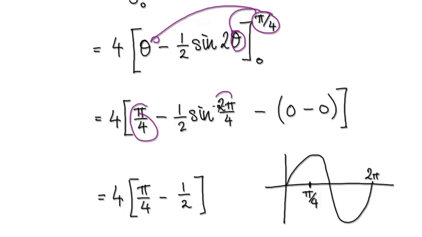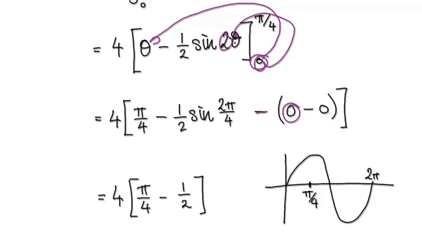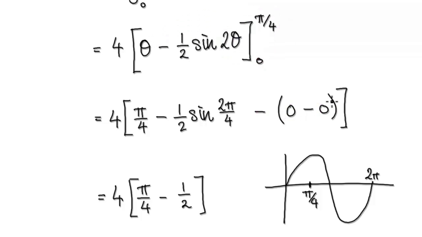By the way, this is sine pi over 2. And then take away, and then put this 0 into here. That will then give us this. And put 0 into here. 0 times 2, it will be 0. Sine of 0 is 0, so it will give you 0. So it's just a matter of tidying this thing up.